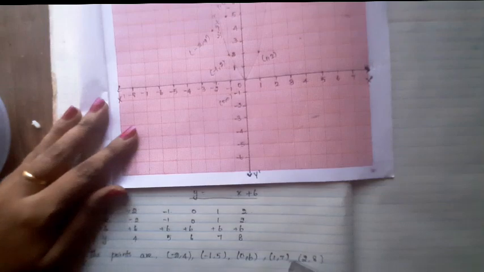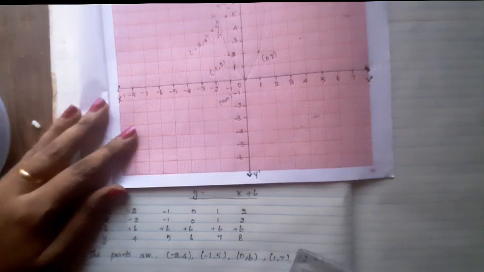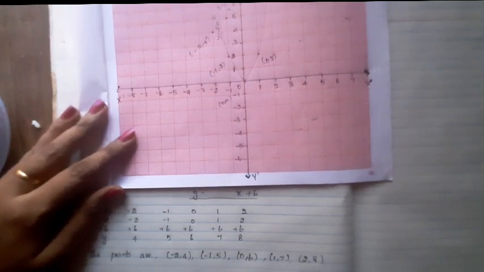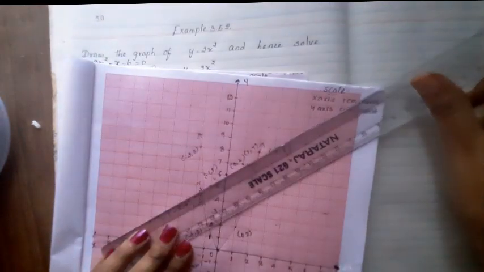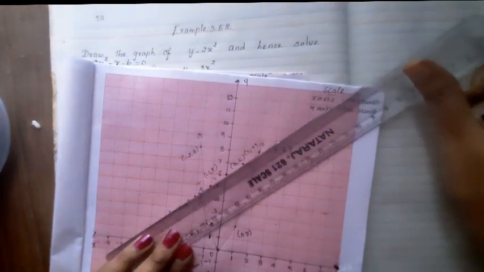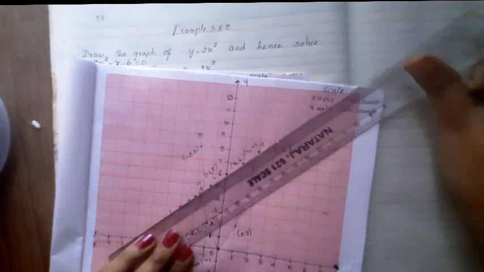Okay. So now you can join this line using a scale. You know, these points will give a straight line. So don't forget, these points will give us a straight line. If there is no straight line, that's wrong. Anyway, you will get a straight line. We can join it.